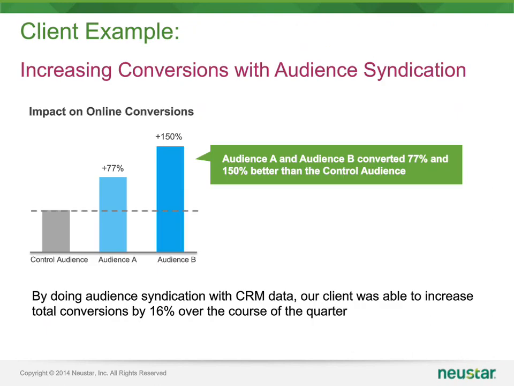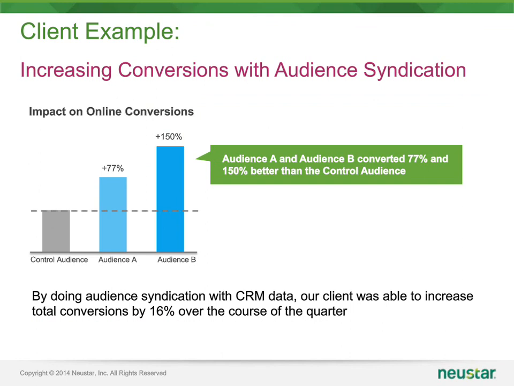This next slide really shows, again, how conversions can increase by leveraging your first-party data. This is an example of how parsing out your CRM files into narrower targeting segments can significantly improve conversions versus broader targeting.